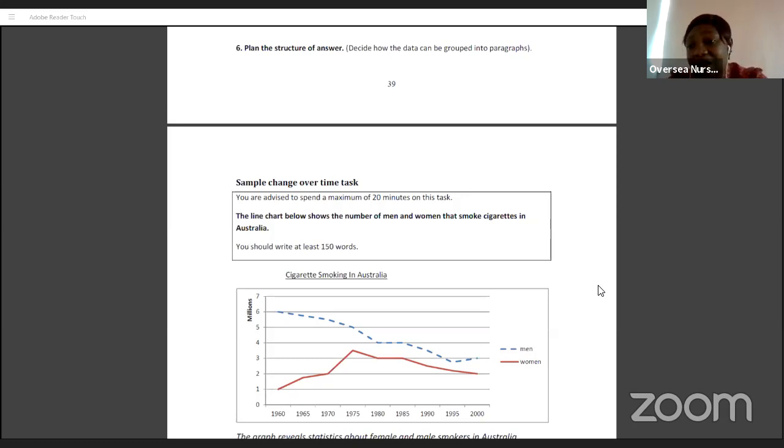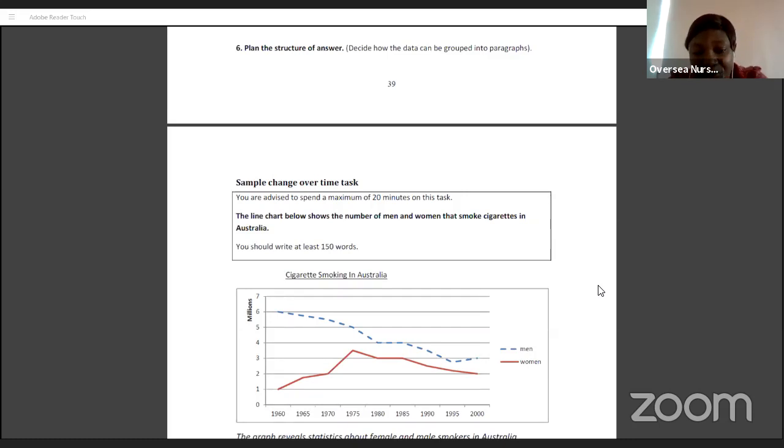Second paragraph, or if I say body paragraph, you may think it's task 2. The third paragraph now is going to talk about the females. Females started smoking on 1 million in 1960, and then they increased gradually to 2 million in 1970. Then it saw a sudden rise or a surge, and peaked in 1975 on 3.5 million, then reduced drastically to 3 million again in 1980.